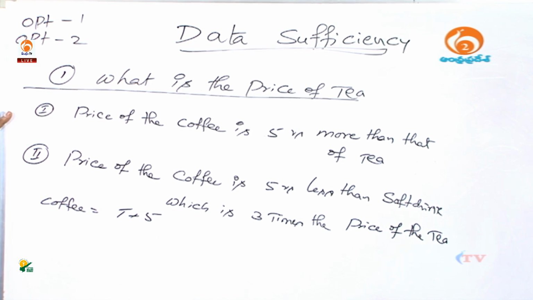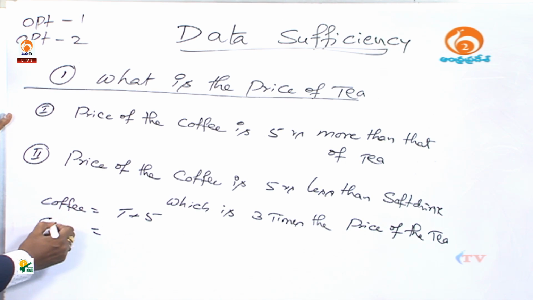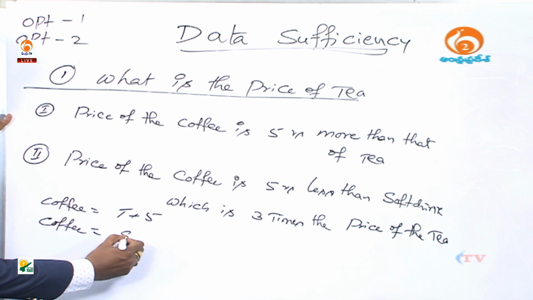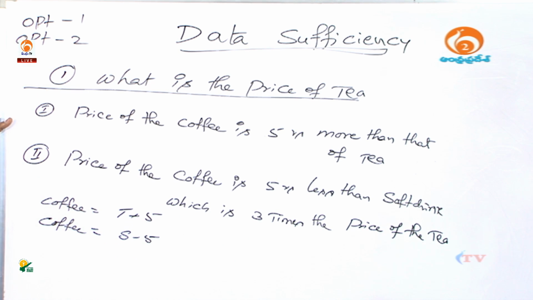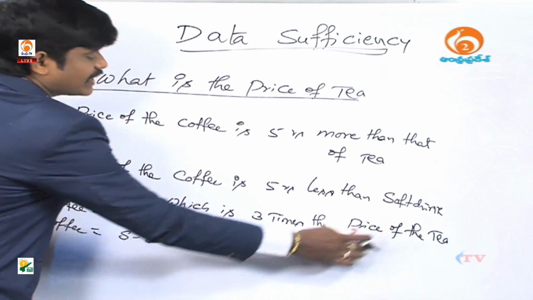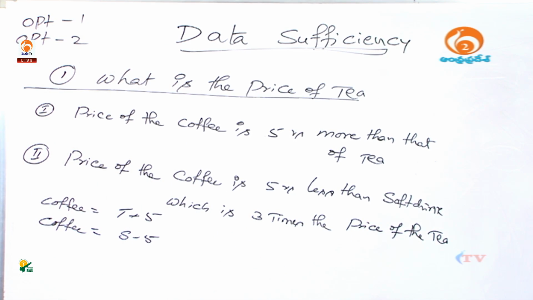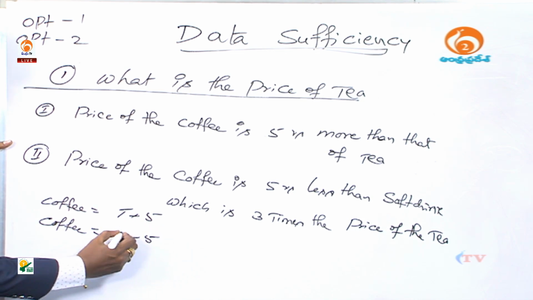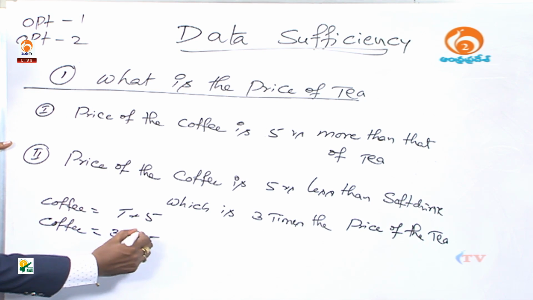From the second, coffee is 5 rupees less than the soft drink, that means S minus 5, and the soft drink S is 3 times the price of tea, so instead of S we can write 3t.